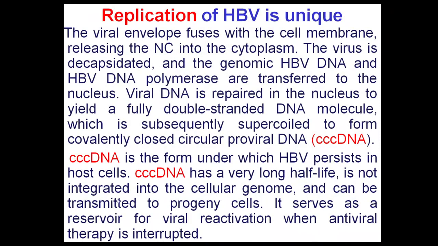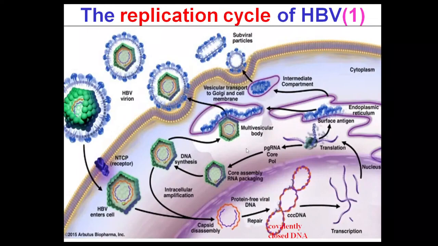Then this double-stranded DNA molecule is subsequently supercoiled to form so-called cccDNA, covalently closed circular proviral DNA. You can see it here. See? Covalently closed circular DNA, right?